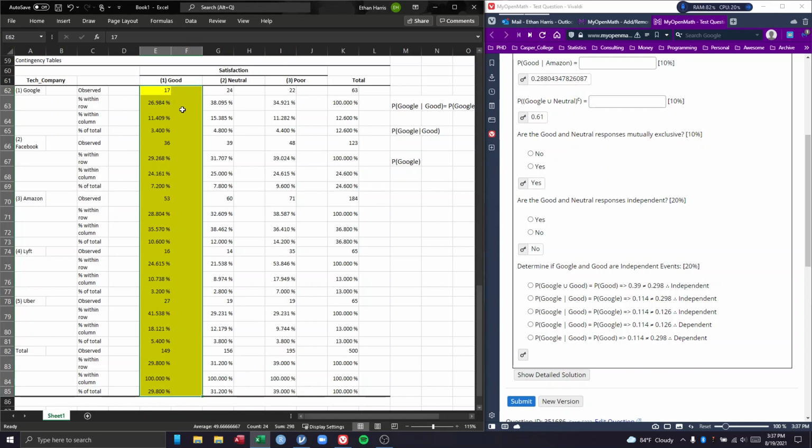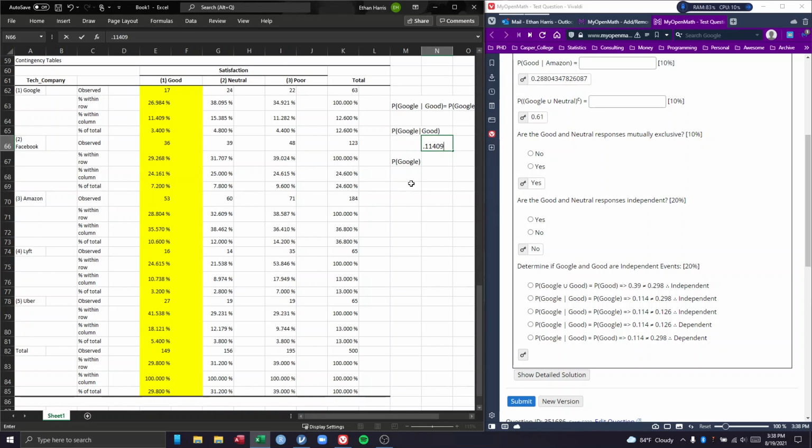Given good, what's the probability that the respondent was from Google? We're just interested in this column of good. Given good, what's the probability of Google? And it's this 11%.